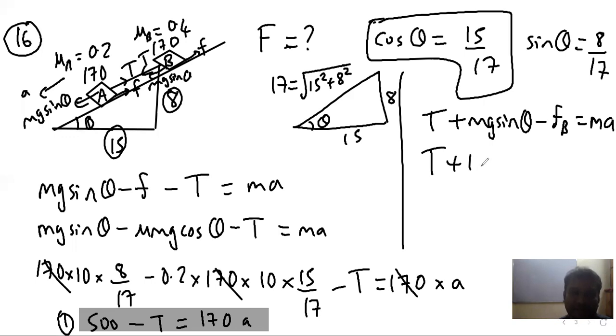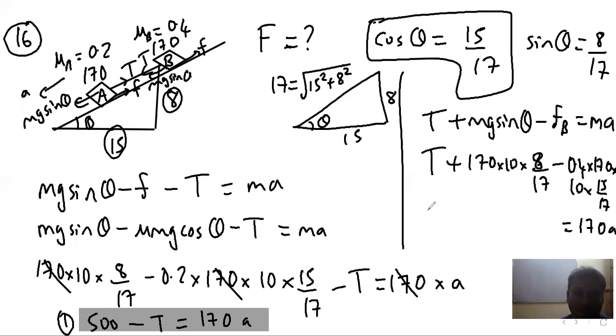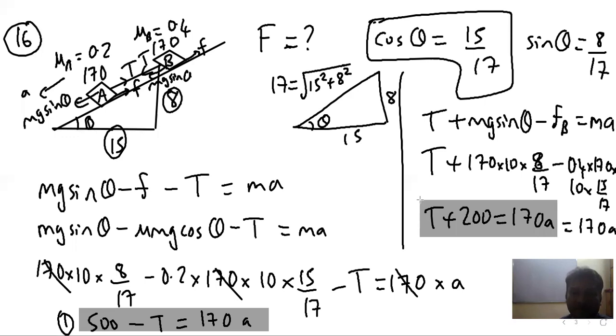So T plus 170 into 10 into sin theta, which is 8 by 17, minus friction on B, which is mu mg cos theta, so 0.4 into 170 into 10 into cos theta, which is 15 by 17, equals 170 into a. On simplification, the equation we get is T plus 200 is equal to 170a. So this is the equation for block B.